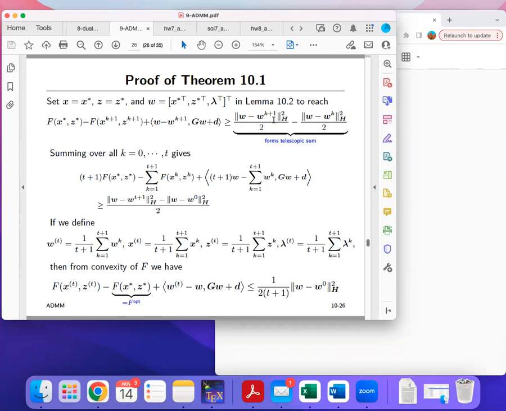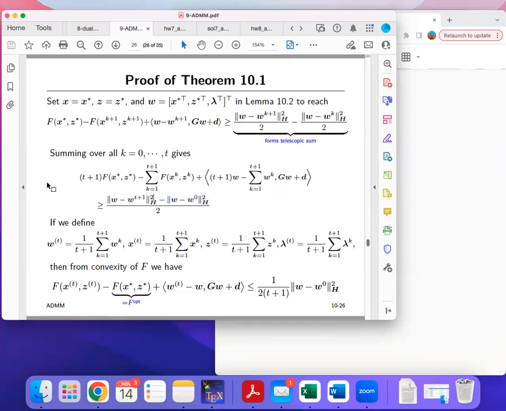And as we said, the right-hand side is a difference between two consecutive iterations. So we sum over k from 0 to t, okay? This one becomes t plus 1 because we have t plus 1 terms. And this is a summation, and the inner product again becomes this summation. Now the right-hand side, canceling out the intermediate terms, we have the first term, the initialization term, and the last term.